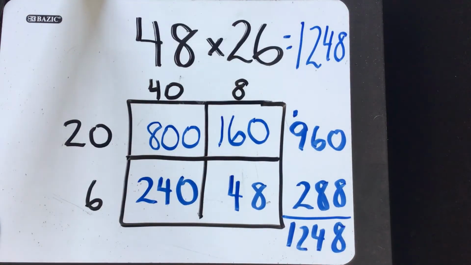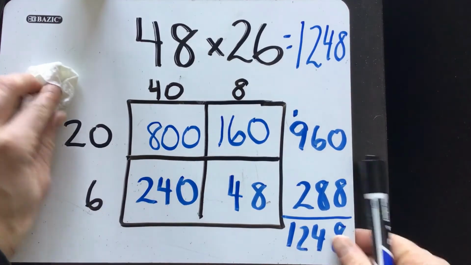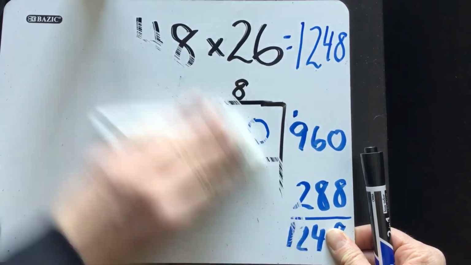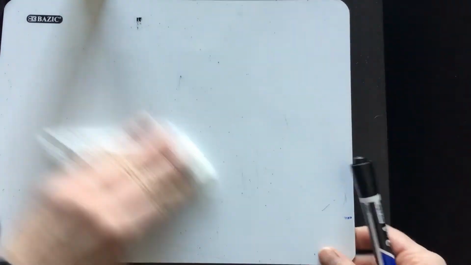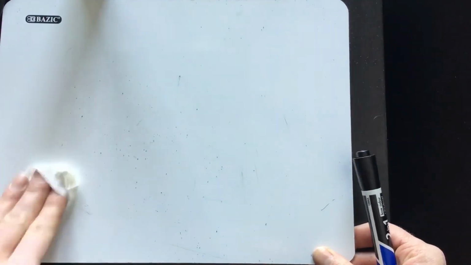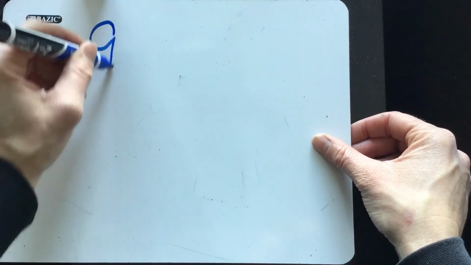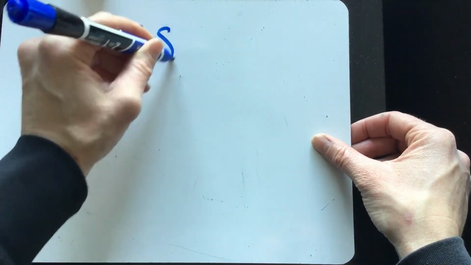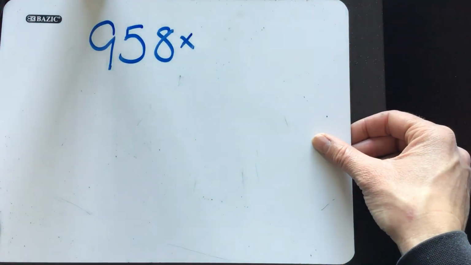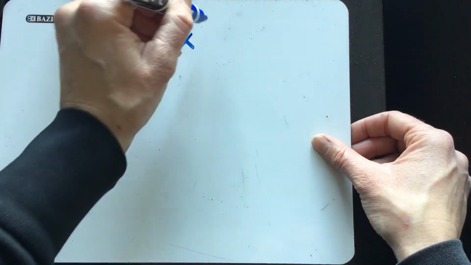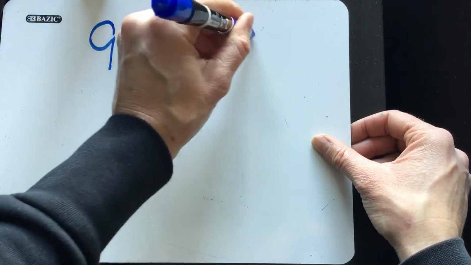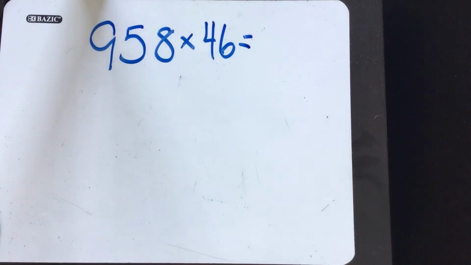And I'm going to show you now one more time, but this time with a 3-digit by a 2-digit number. This is mostly for my grade 6s. They need to know how to multiply 3-digit by 2-digit, and it's really handy if they can do it in more than one way, so more than one strategy. So I have 958. I'm going to multiply that number, that's my 3-digit number, by a 2-digit, 46.